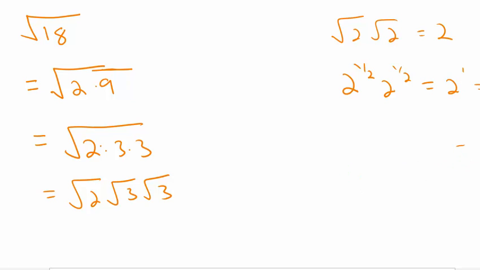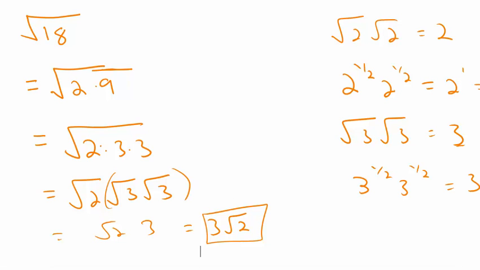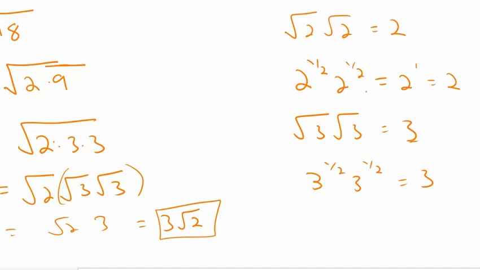So square root of 3 times square root of 3 equals 3, because 3 to the 1/2 times 3 to the 1/2 equals 3. So this whole thing gets reduced to 3 square root of 2, the same as 3 root 2. Just move that 3 to the front, and that's your answer. Oops, just realized that 2 got cut off a little bit, but yeah. So 2 to the 1/2 times 2 to the 1/2 equals 2 to the first, and that equals 2.